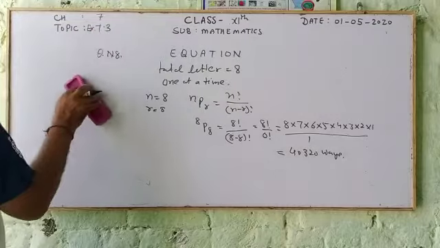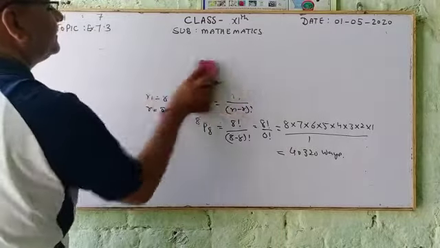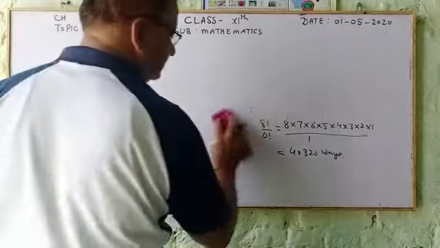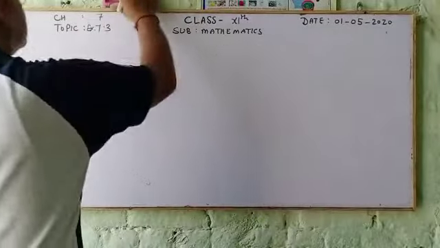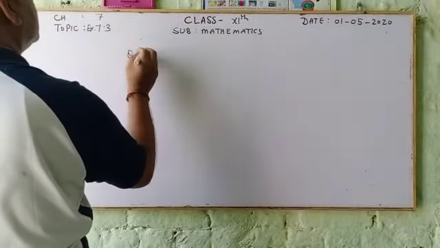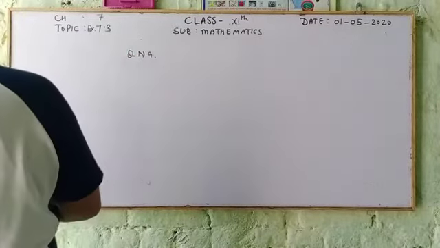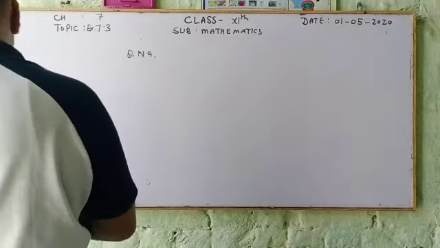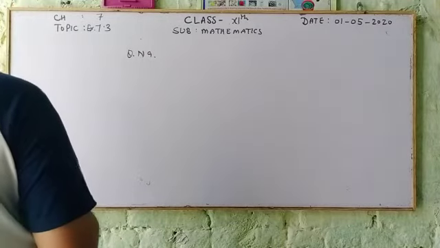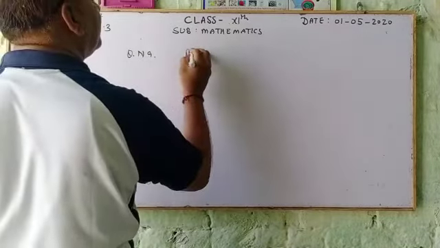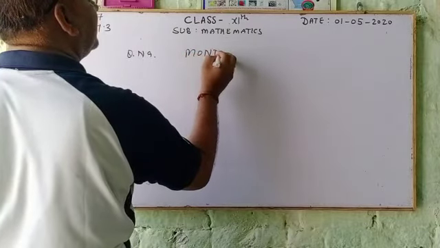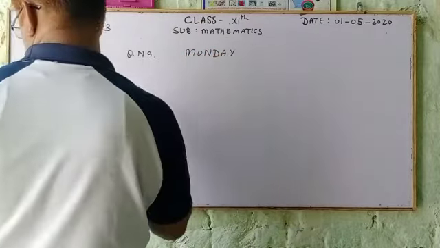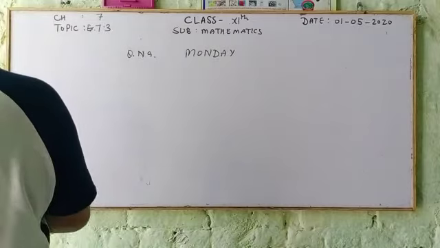We are taking question number 9. How many words, with or without meanings, can be made from the letters of the word MONDAY? We arrange the letters of MONDAY, assuming that no letter is repeated.